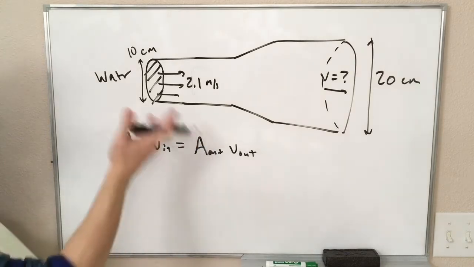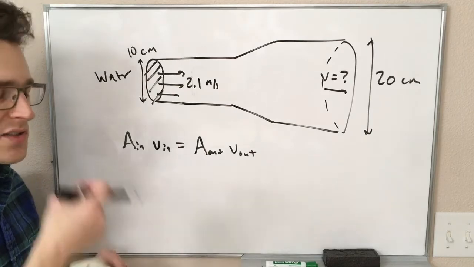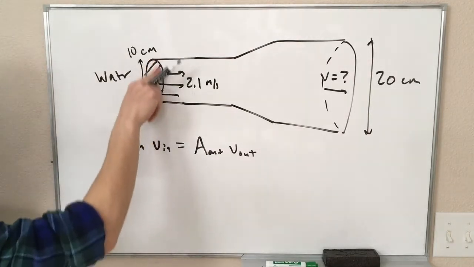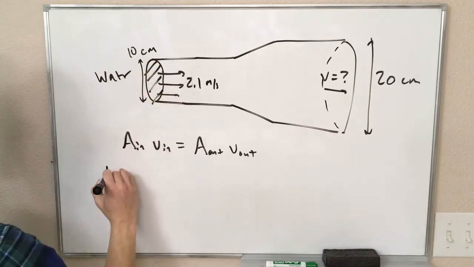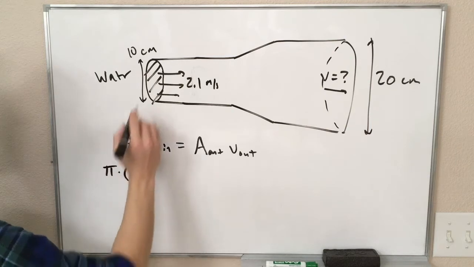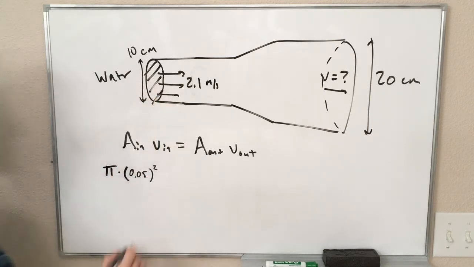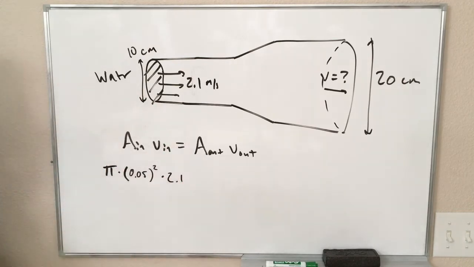It turns out it doesn't actually matter if this pipe is circular or square for these calculations, but let's assume it's circular just to make this a little more challenging. So the area of this inlet is pi r squared, so that's pi times r, which is half of 10 centimeters, 0.05 meters squared, times our velocity in, 2.1 meters per second.